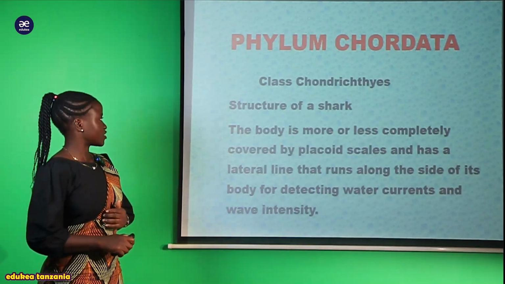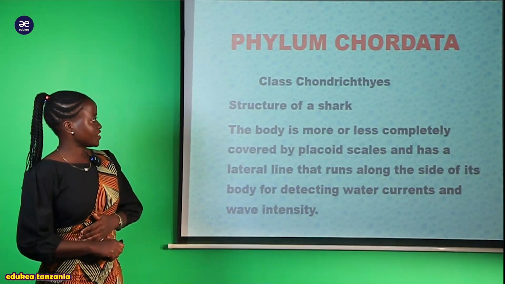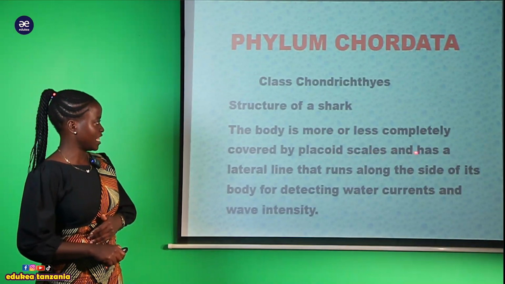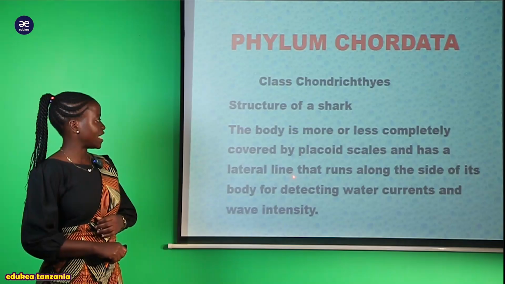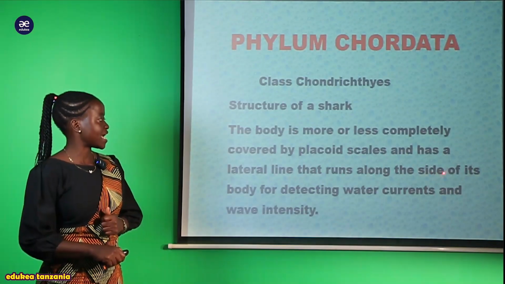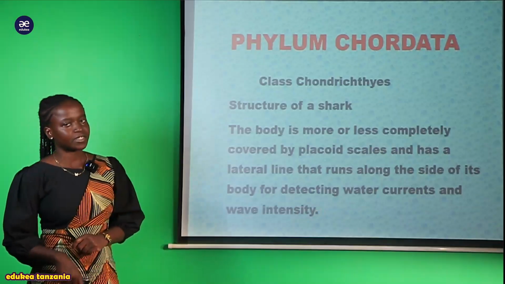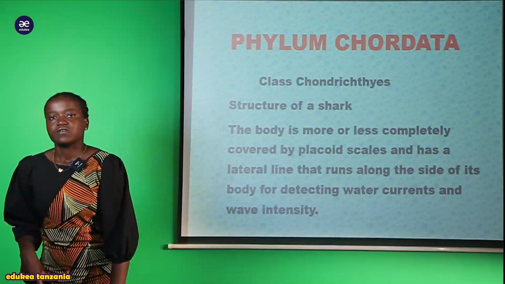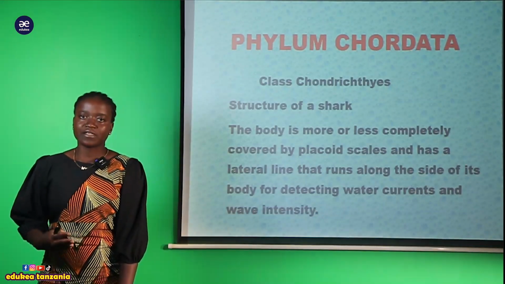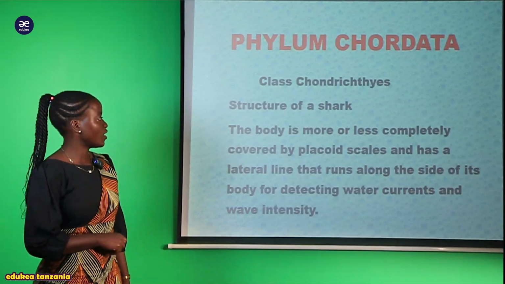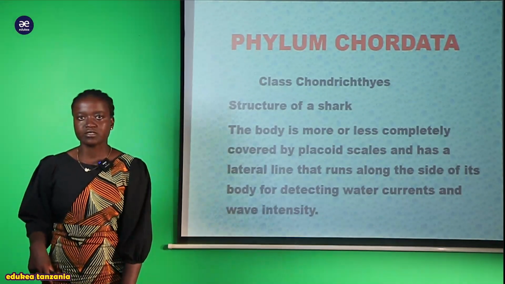We are saying that the body of the shark is more or less completely covered by placoid scales and has a lateral line that runs along the side of its body for detecting water current and wave intensity. So, my student, tumesema kwamba the body of the shark inakuwa na placoid scales.